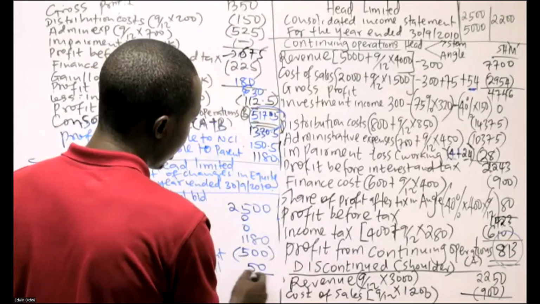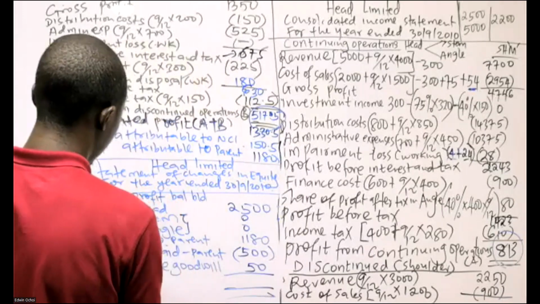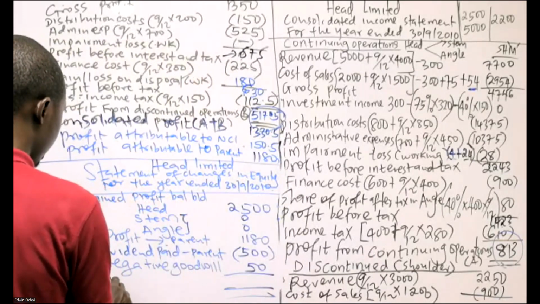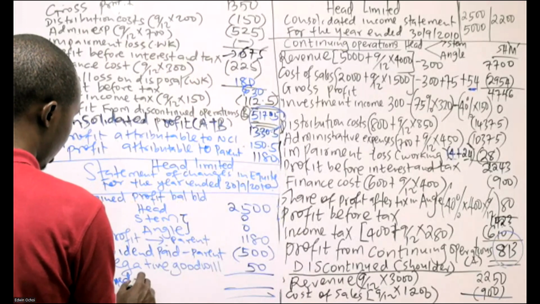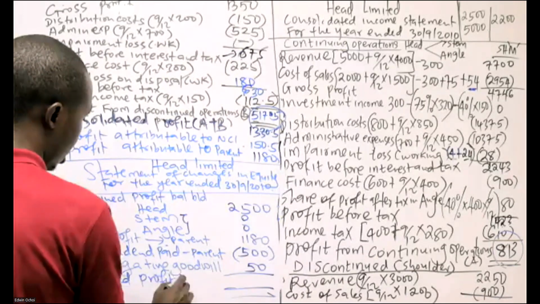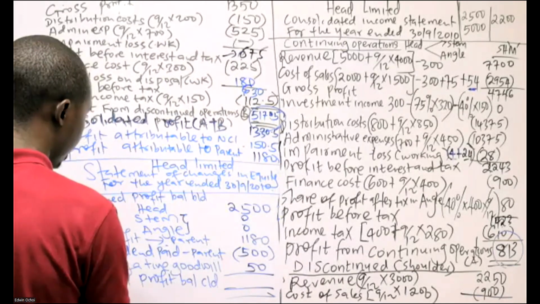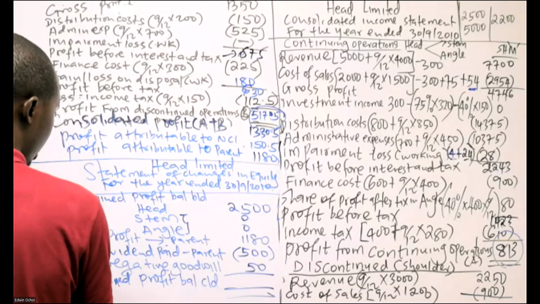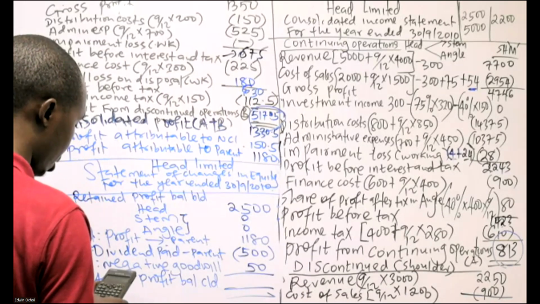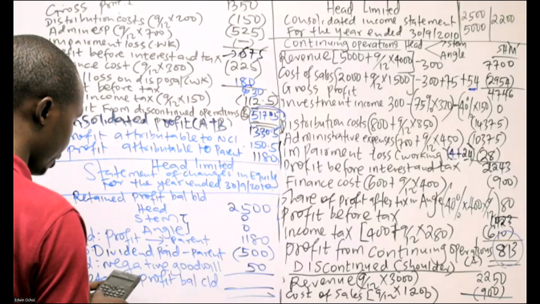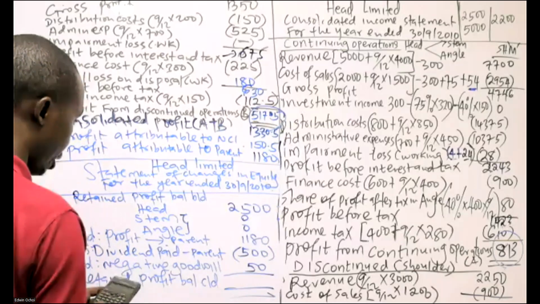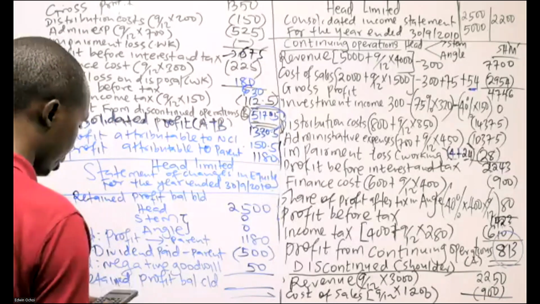So meaning that up to this point we are done. So retained profit, balance carry down. So we can do the sum of this. 2,500 plus 1180 minus 500 plus 50.